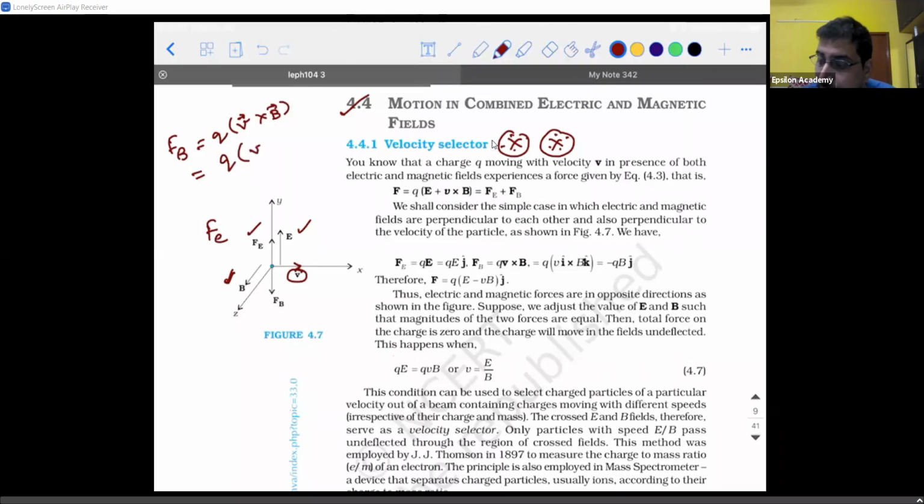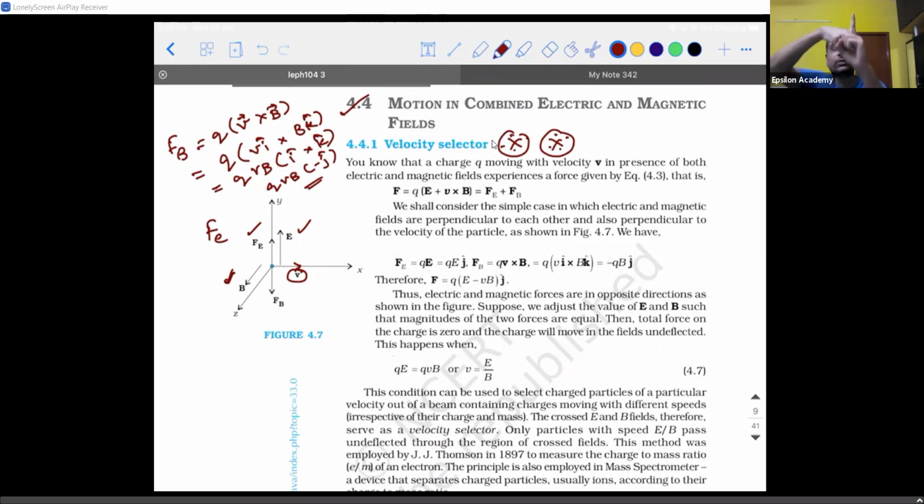V vector is V i cap, cross B vector is B k cap. So QVB into i cap cross k cap, which is going to be QVB in the direction of minus j cap. Guys, are you able to understand? So electric force will be in the upward direction and magnetic force will be in the downward direction.